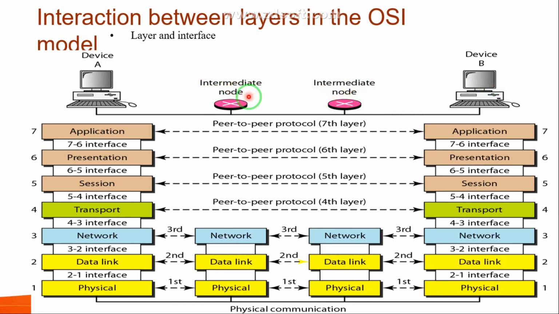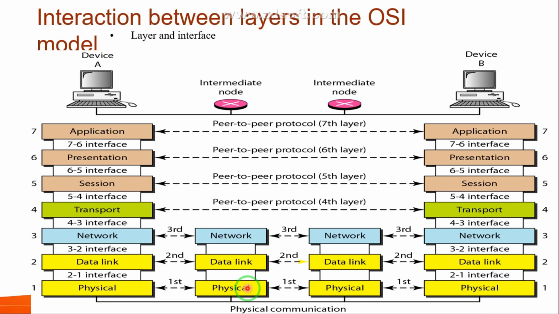That could be your switch, that could be your router. We have assumed it as a router over here. So you can see that device A consists of 7 layers. Device B consists of 7 layers. But the intermediate nodes consist of only 3 layers, or it may happen they consist of only 2 layers.